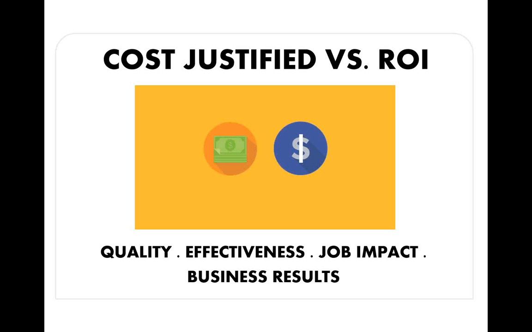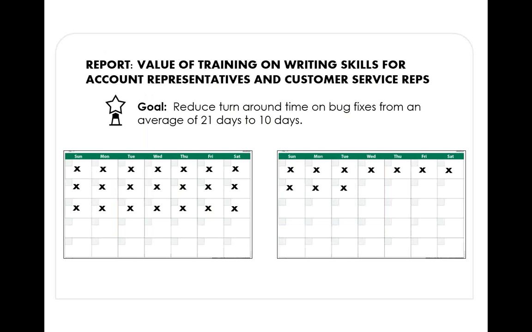Absolutely spot on. So we've got a very specific example we want to walk you through to really illustrate the point that Jessica just made. We're going to set up a use case. This is the value of training on writing skills. One of the things that we hear about all the time is, well, it's really hard to measure the impact of improved soft skills training.